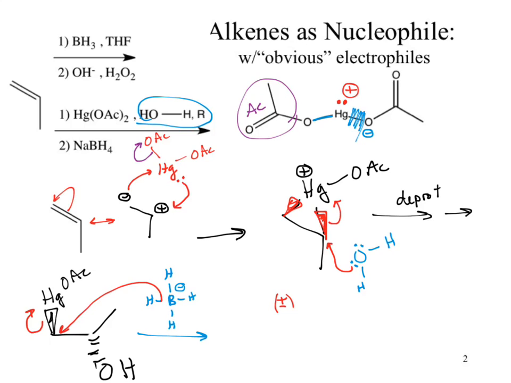What's the end result? We end up having finally added H and OH across the double bond. Sure, that was fun and exciting. Does that result look familiar? How else could we have made that?